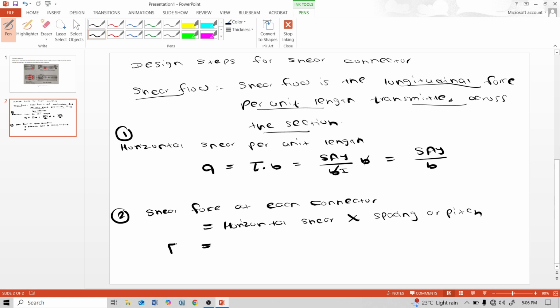This shear force at each connector, capital F, is equal to horizontal shear, this Q, multiplied by spacing, denoted as P.